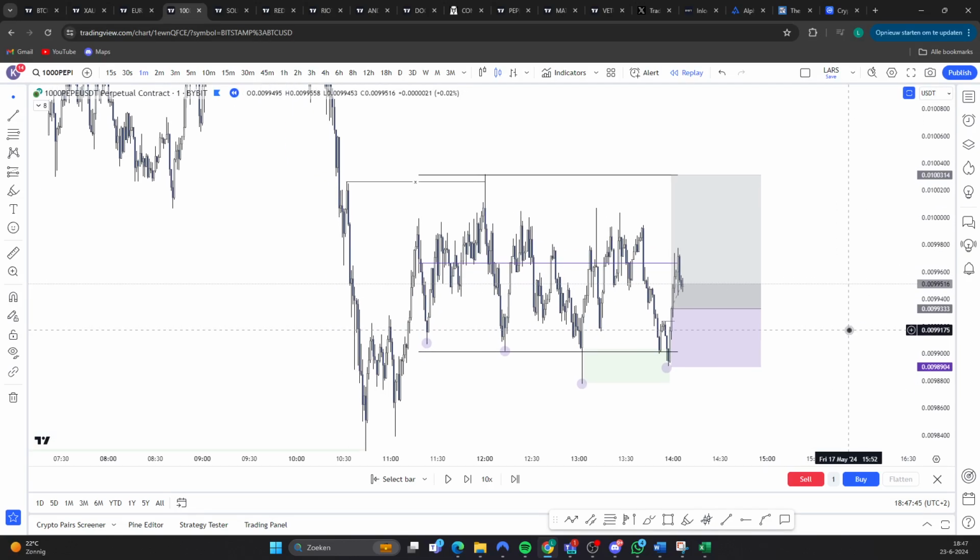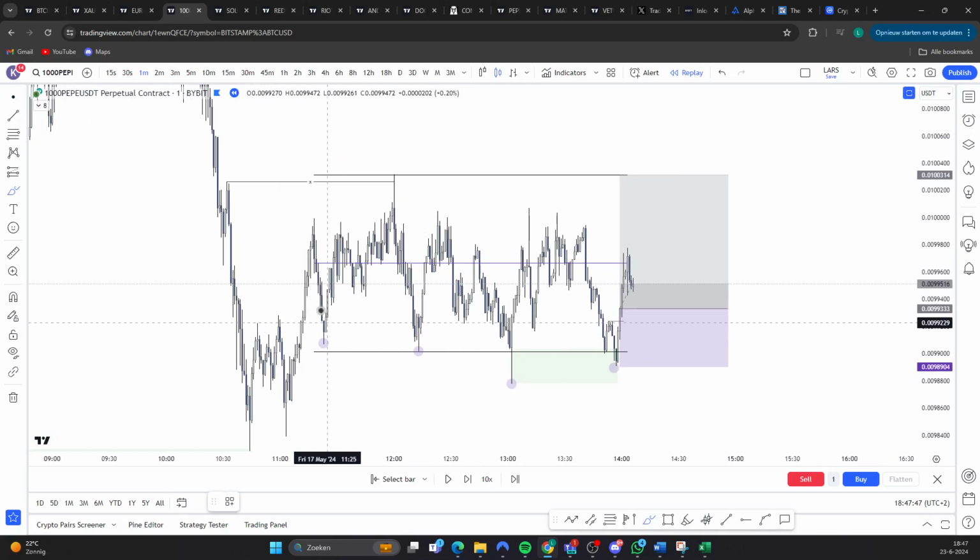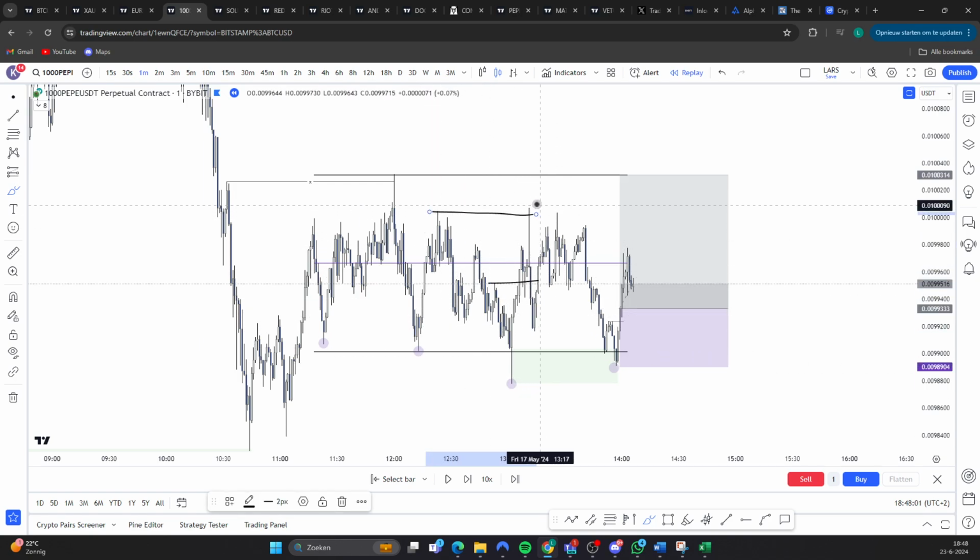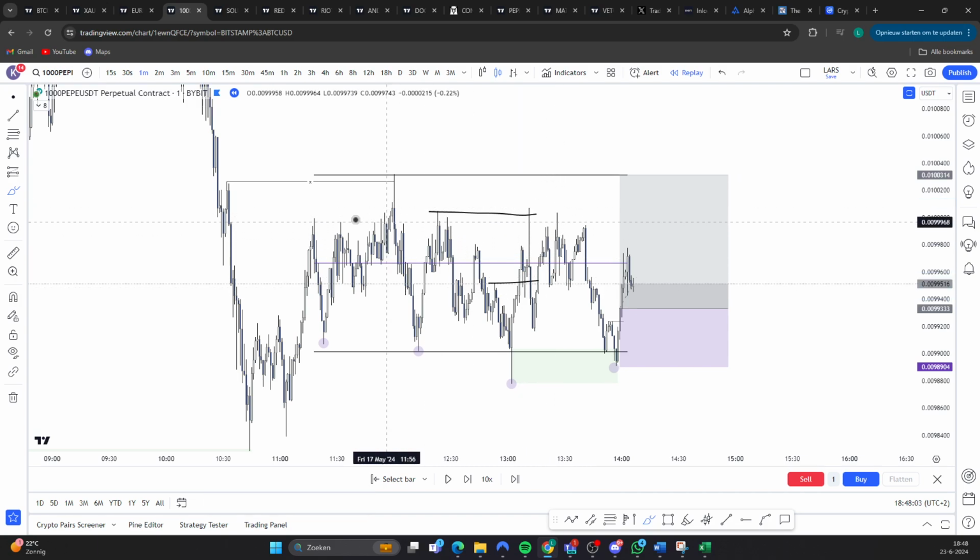I was talking about my reasoning as I was describing live: we have the potential 1, 2, 3, and I was watching for this high to break to potentially enter on a long on the retest. However, the way we swept this high and got such an aggressive move down, we already swept the initial range high, which was right here, a 1, and this was the sweep.